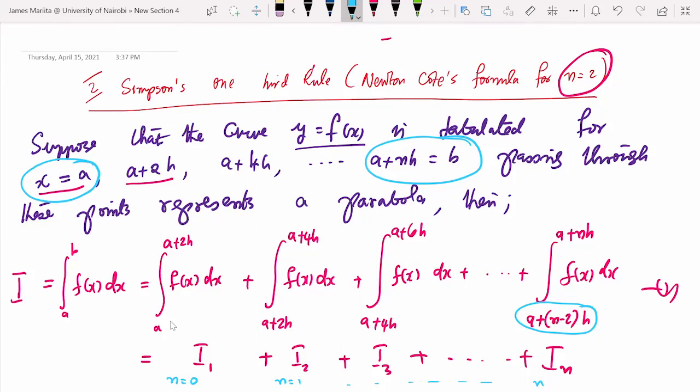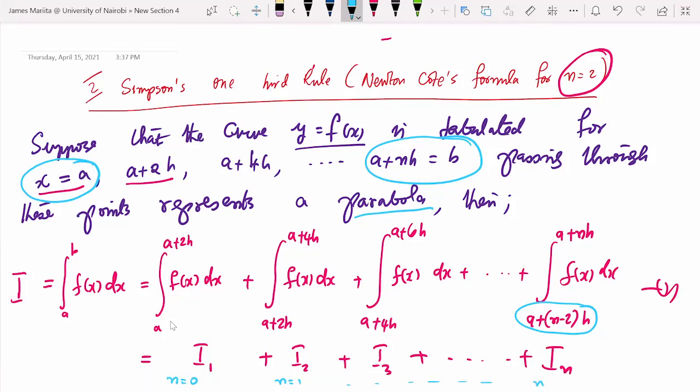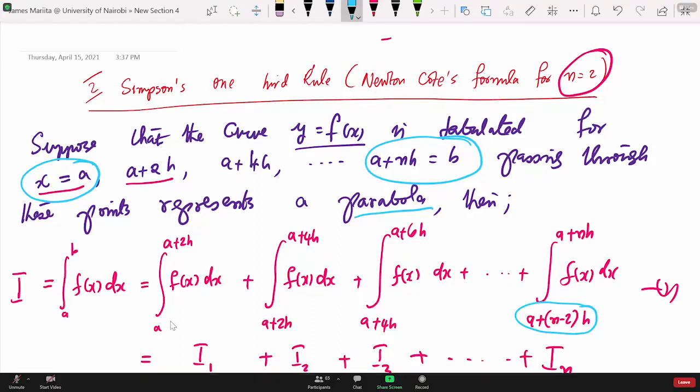The reason why we'll have n terms is that, for example, in this case we are talking about a parabolic representation, which will go up to the third term, isn't it? A polynomial of degree 2, that's a quadratic. It will have 3 of them.